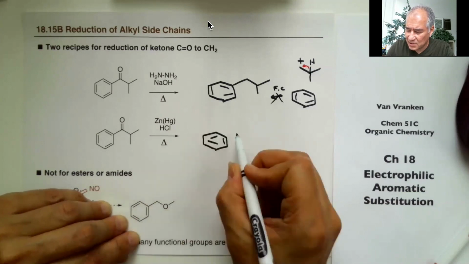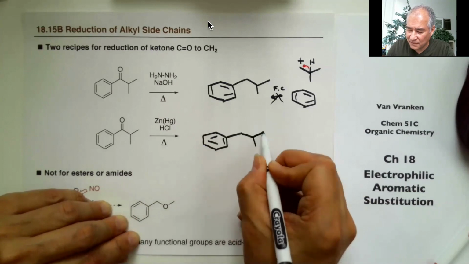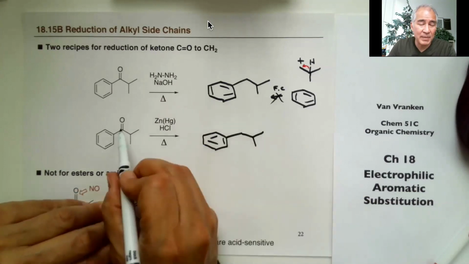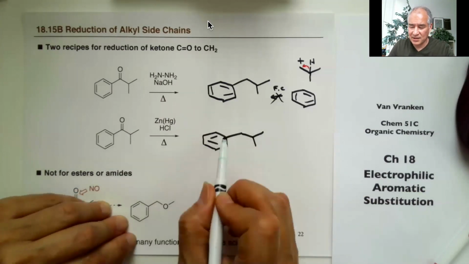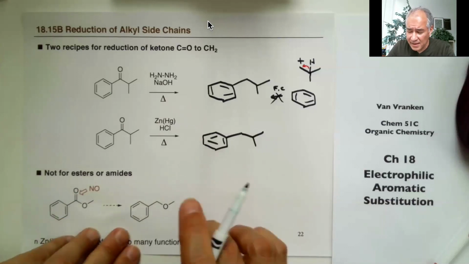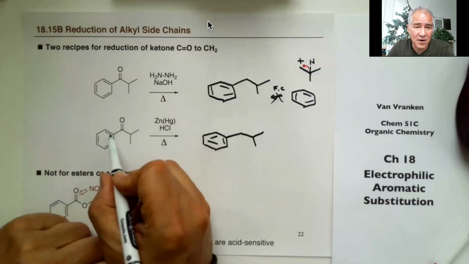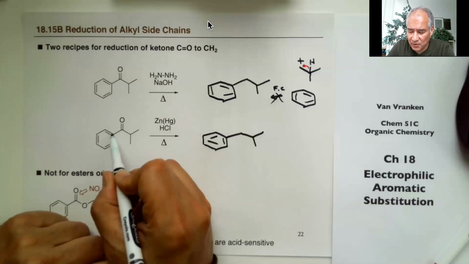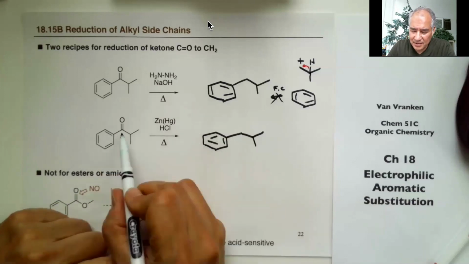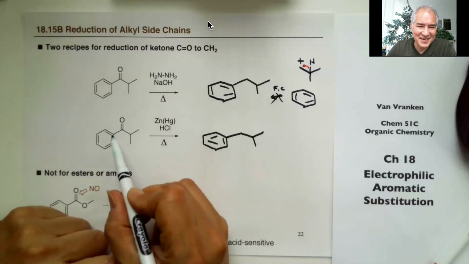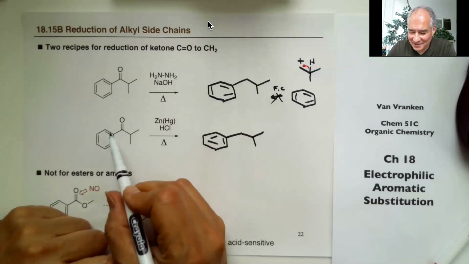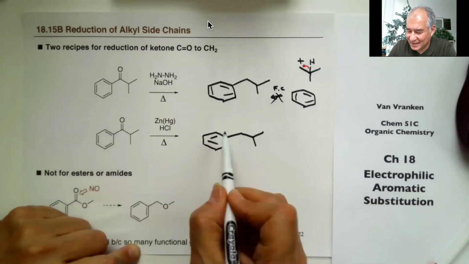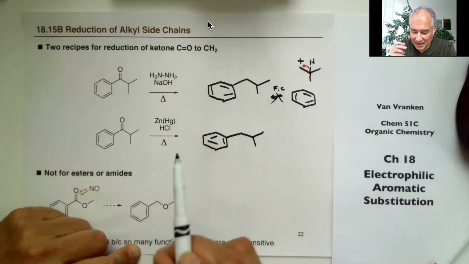This is called a Clemmensen reduction if you care, but there's no reason for you to care. And it converts a carbonyl directly down to a CH2 group. This reaction doesn't have to be on aryl ketones. You could have other groups there, but usually you're not using it in most cases because there's usually easier ways to make these things if it's not a benzene ring next door.